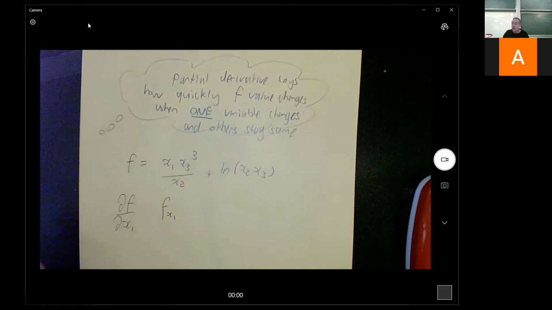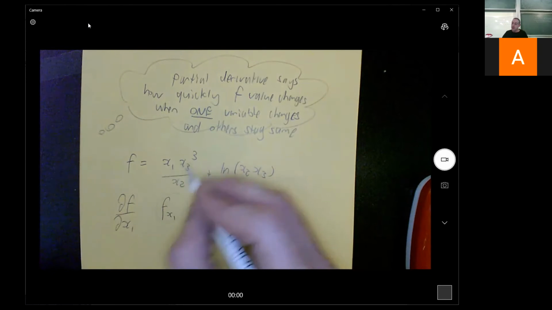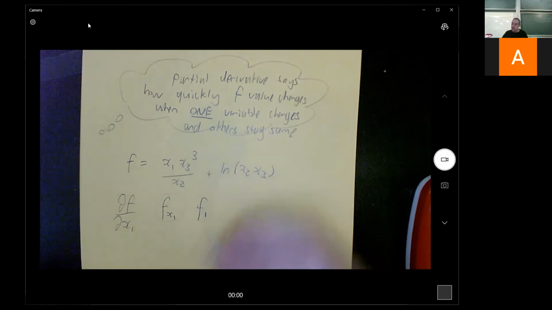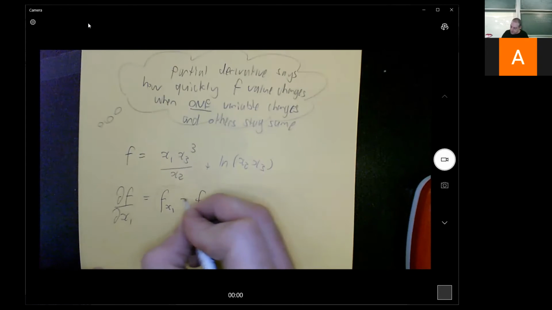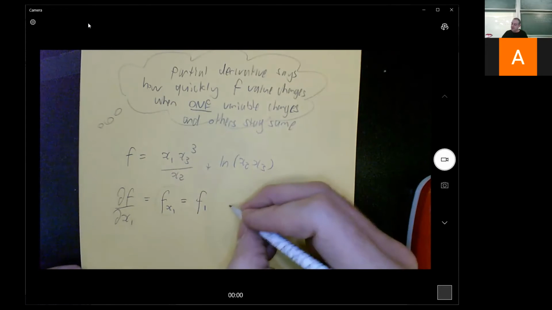But your lecturer, in the question that I was sent, used this version. And apparently, if the variables are called x1 and x2 and x3, you can just call it f1. If everybody knows what the variables are called, you can do that. Yeah. These are all the same notation.